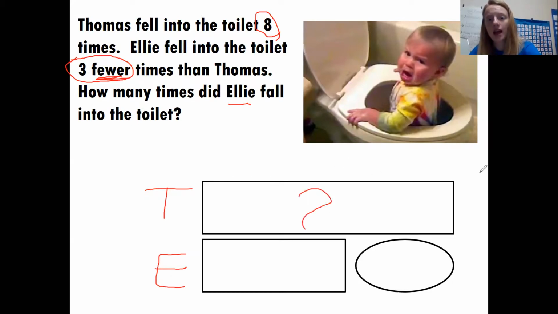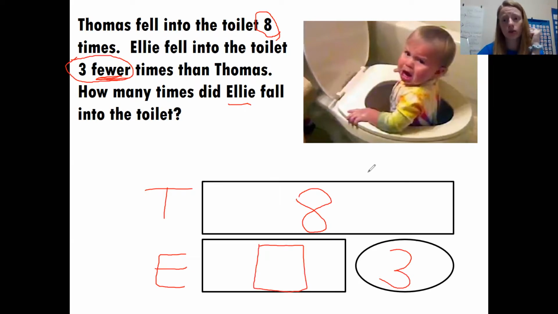We're going to put an 8 right here, okay? Do we know how many times Ellie fell into the toilet? No, but we do know that it's 3 fewer times than Thomas. So we know that goes in our more or fewer oval. We're trying to figure out how many times Ellie fell into the toilet.